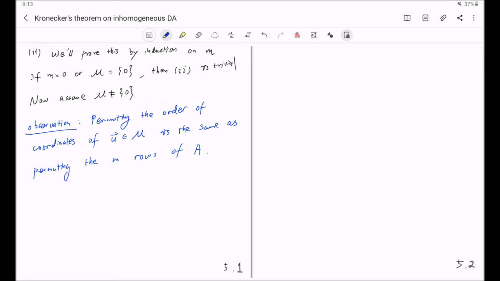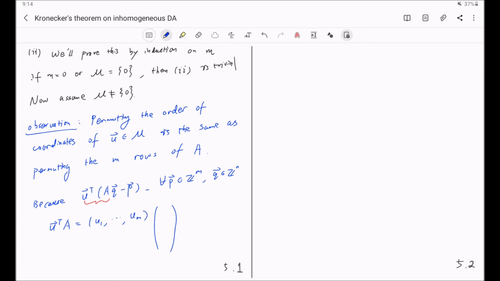This is because if you look at u transpose times (Aq minus p) for any p in Z^m and q in Z^n, and in particular you look at this part, u transpose times A is equal to (u1 ... um) times, now we write A as a block matrix consisting of row vectors a1 through am.